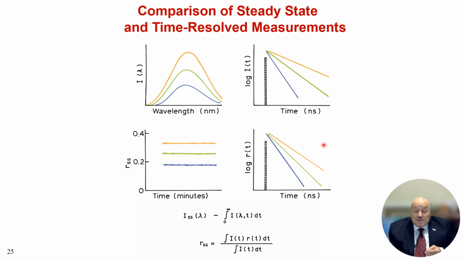I always like this slide because here I try to connect the steady state measurements that you do with the time-resolved measurements. The steady state emission spectra we have here, 3 different intensities. And over here we have the intensity decays for these spectra.